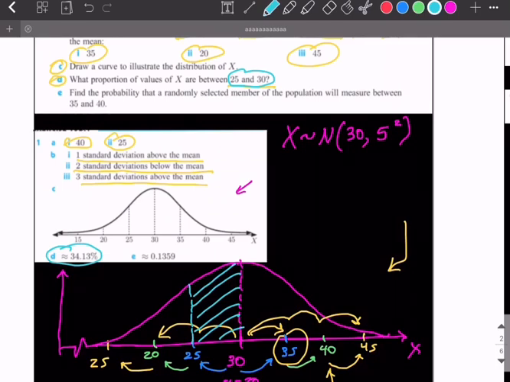So how do I know this? So it's 34.13% according to this book. Right, that was not very clean there, so let me see if I can fix it.